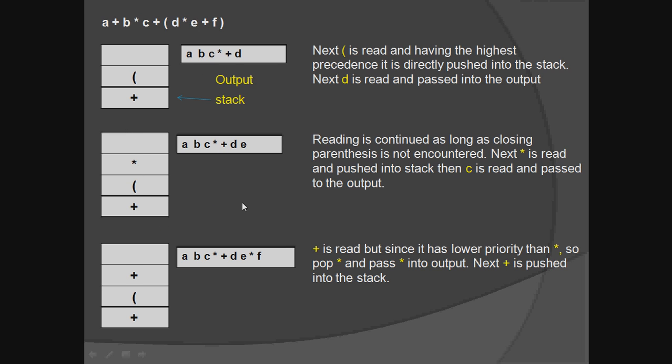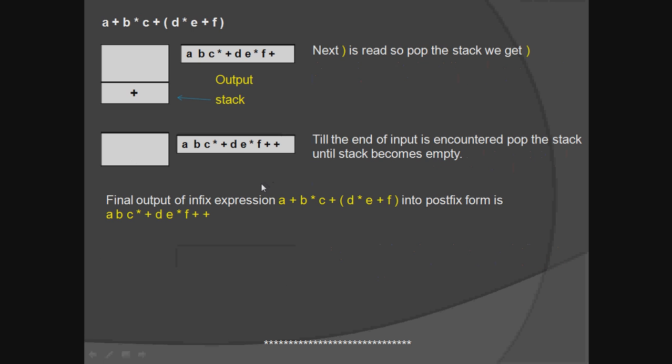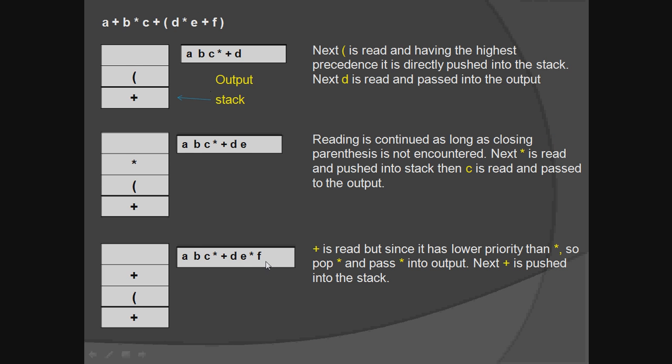So after that, the next plus symbol is pushed into the stack. Clear? So now we have only F and then the closing bracket, right? In that case F is also passed to the output, right?